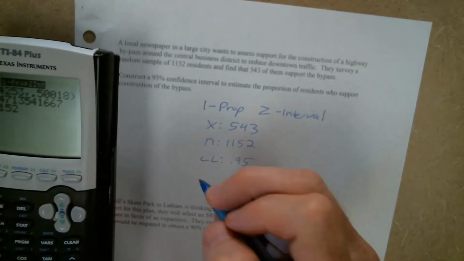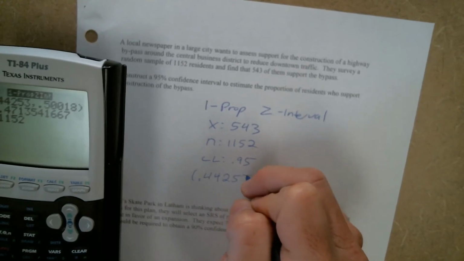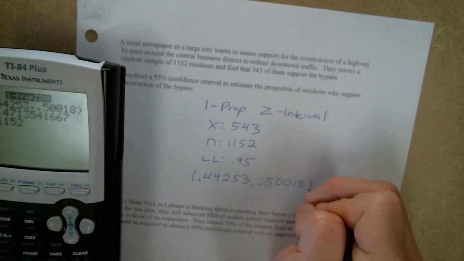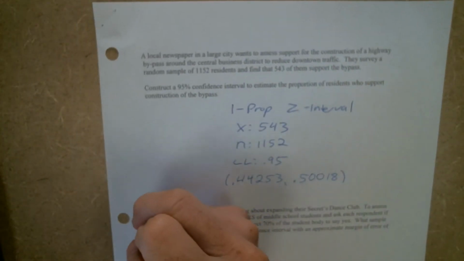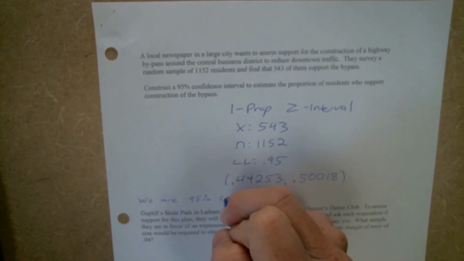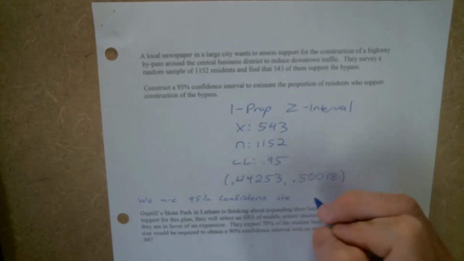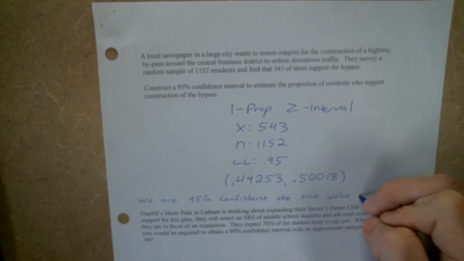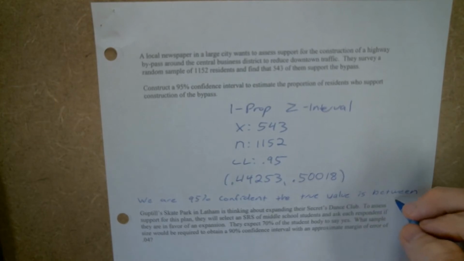So we end up with 0.44253 to 0.50018, which is basically saying we are 95% confident the true value is between, and I'm going to round here, basically 44 and 50%.